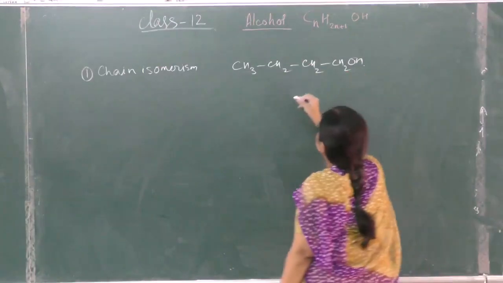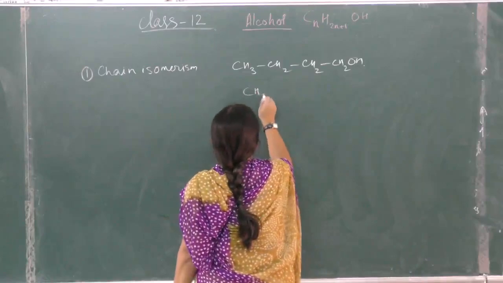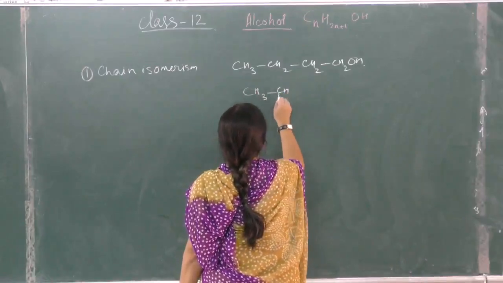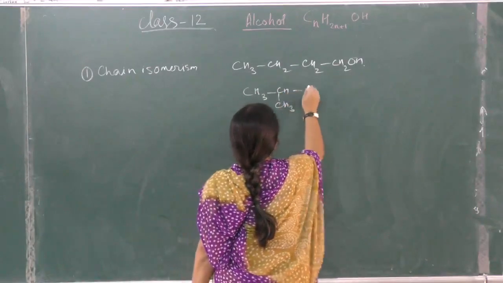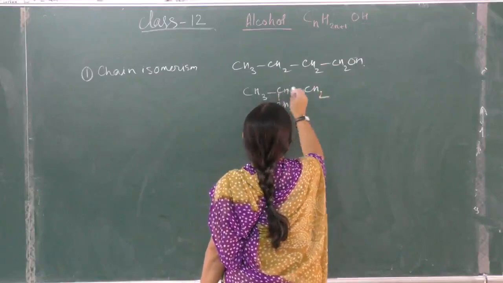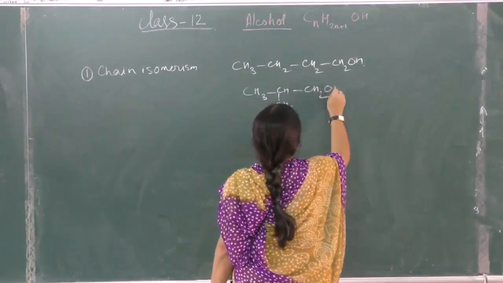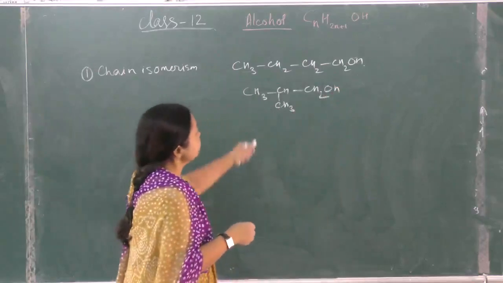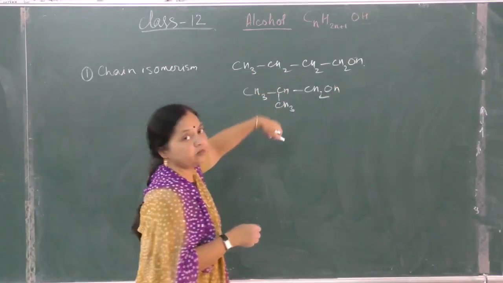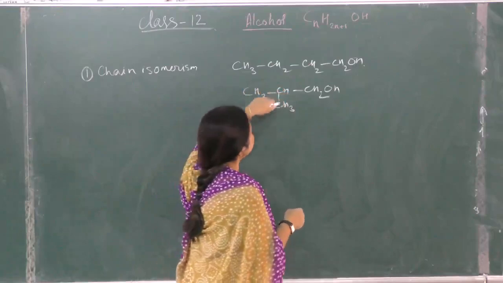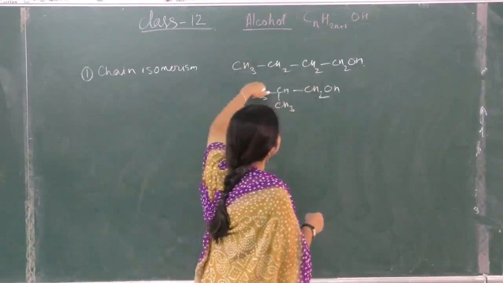Now the isomer of this. This has the same molecular formula, but this is a straight chain and this is a branched chain.